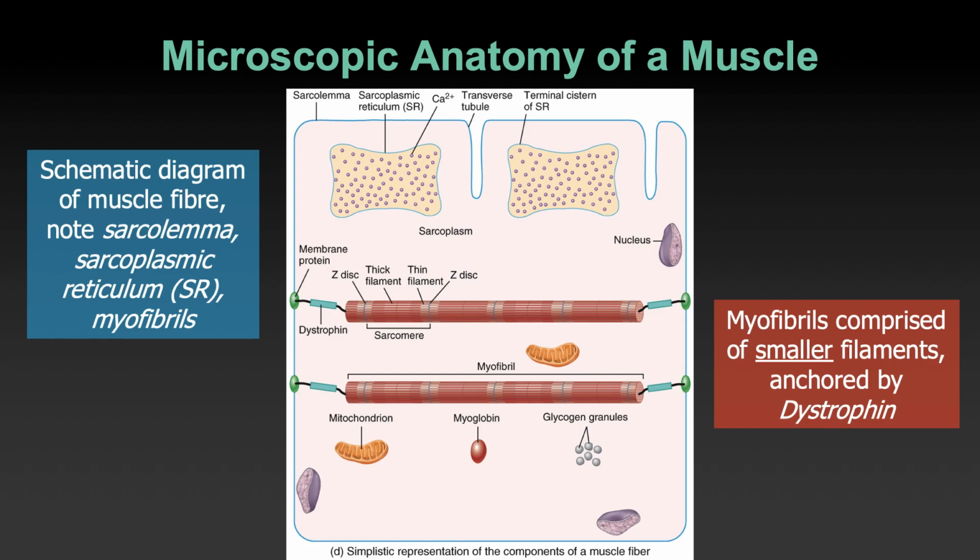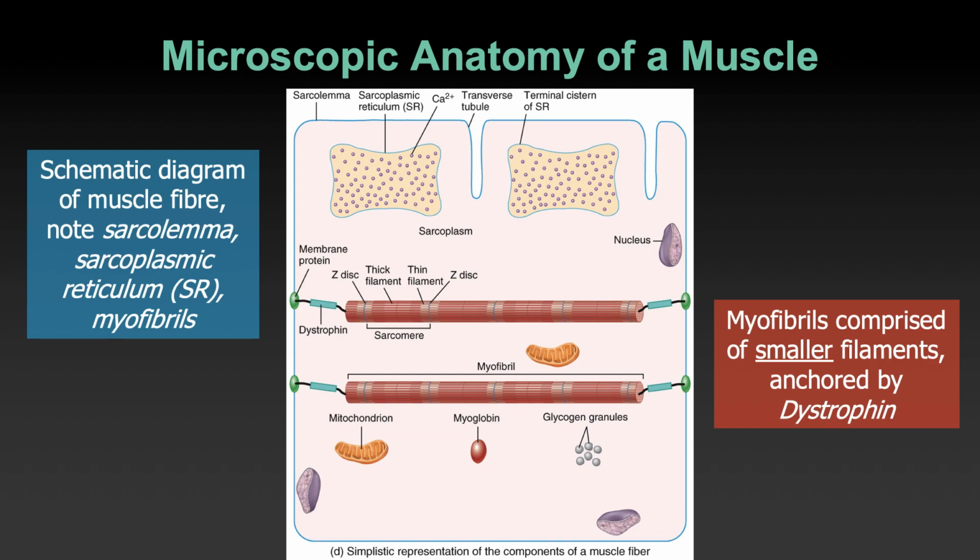Muscle wastes away. It loses size and strength, and we can't recover size or strength for those individuals. Muscular dystrophy is related to improper anchoring of the myofibrils. The protein is not structured in a way that allows it to do its job. And so the fibrils start to detach and unravel.